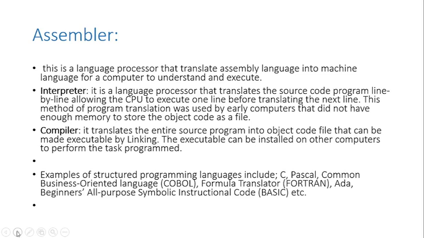What is a compiler? A compiler, on the other hand, translates the entire source program into an object code file that can be made executable by linking. The executable can be installed on other computers to perform the task programmed.